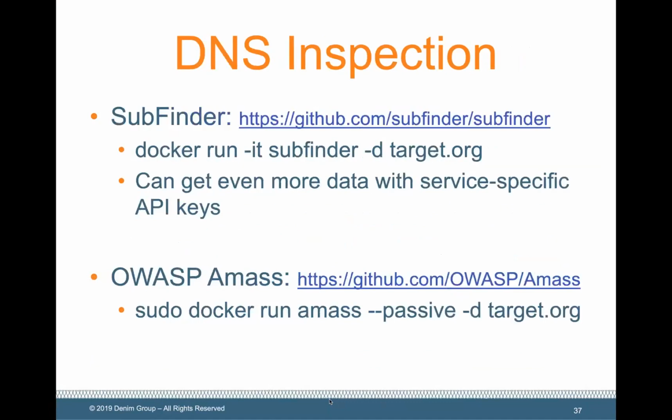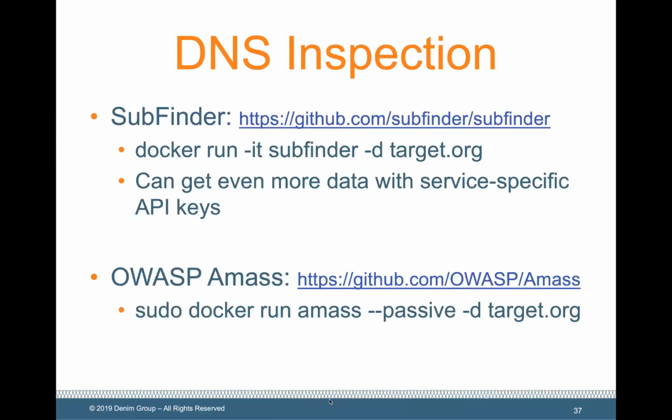Next is DNS inspection, or finding host names that are out there that are currently or in the past have been associated with given domain names. Two of the tools that we found that are handy for this are Subfinder and the OWASP tool Amass.